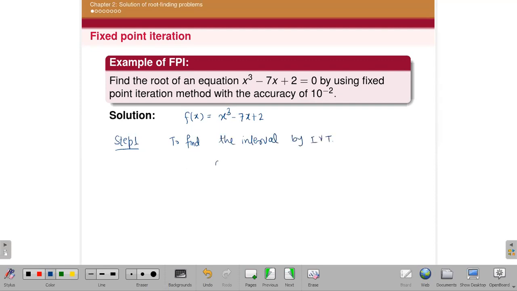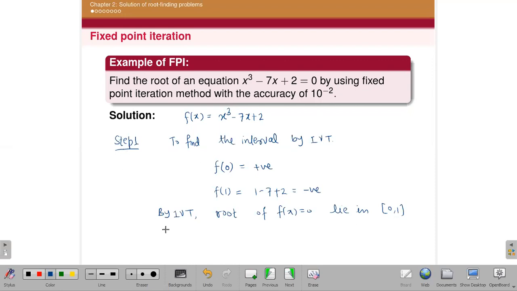I'm randomly choosing the points here. I'm taking 0, so it will be positive because it is 2 only. And at 1, it is 1 minus 7 plus 2, so it is negative. The root lies in between 0 and 1. So by IVT, we can say that the root of f of x equal to 0 lies in 0, 1.